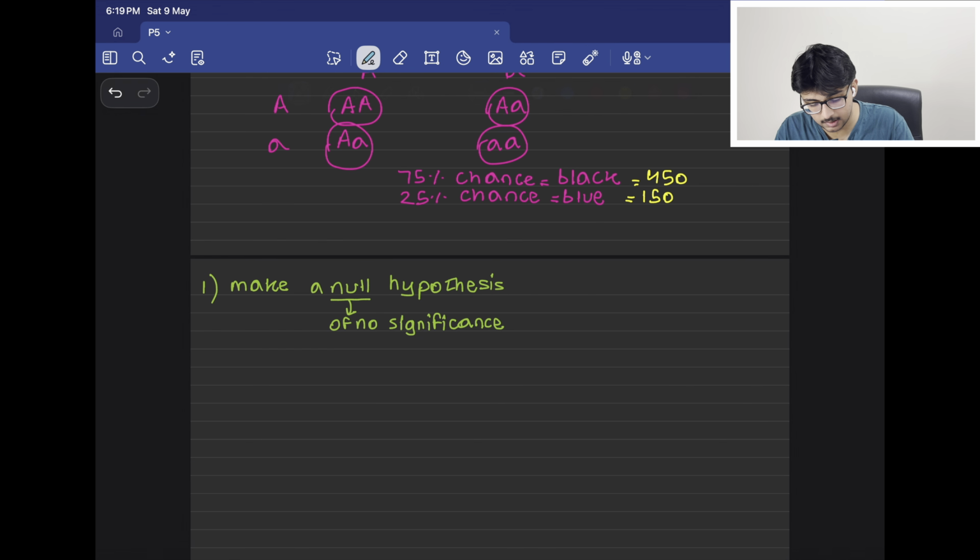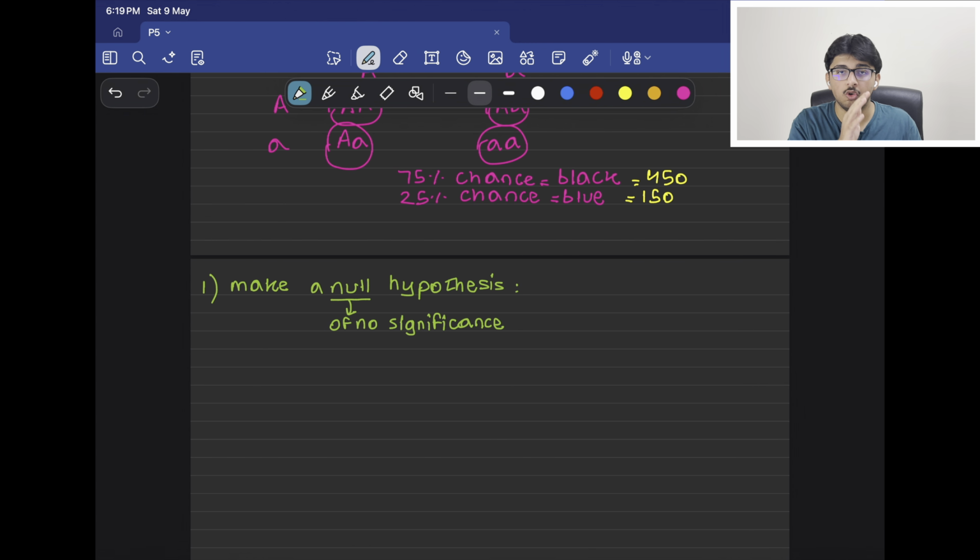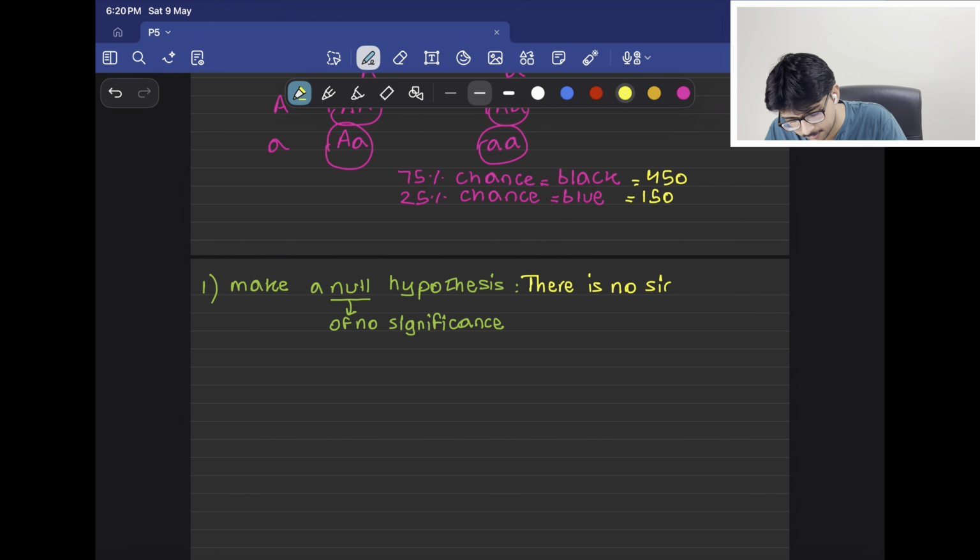So the null hypothesis here is you're gonna say that there is no significant difference between the observed and expected numbers. Every single time the chi-square test comes up, this is gonna be the same sentence which you write down. There is no significant difference between the observed and the expected values.